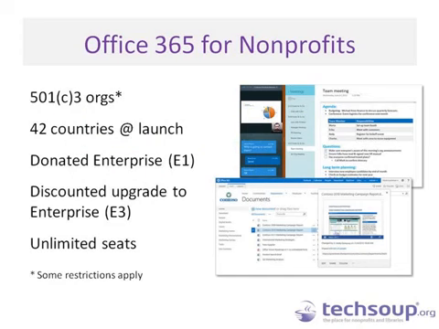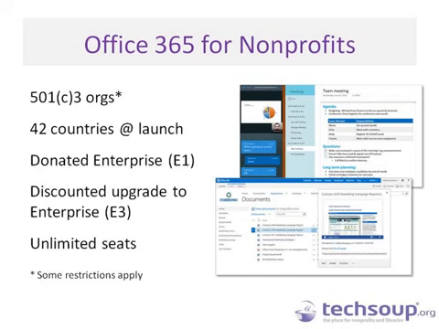The difference between E1 and E3 is that they're quite similar. Through the web links that I'll share in just a minute, you can really dive into the nitty-gritty details of what the differences are. But with E3, in addition to the web applications, you also get desktop applications, as well as some additional Excel, Access and Visio services and forms, some additional on-premise service integration, and some archiving and legal elements associated with your email.